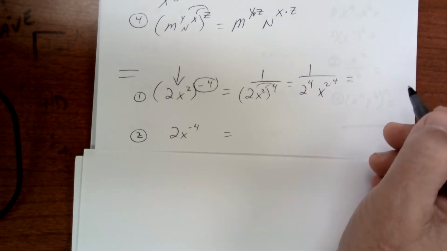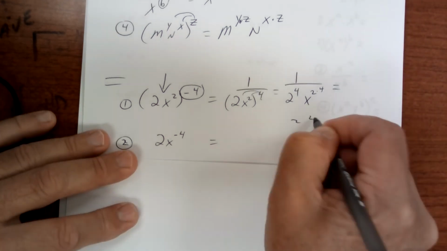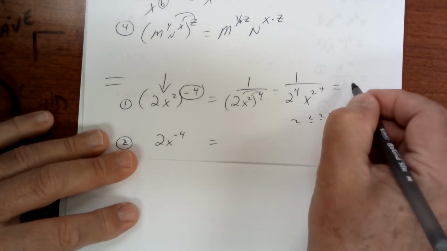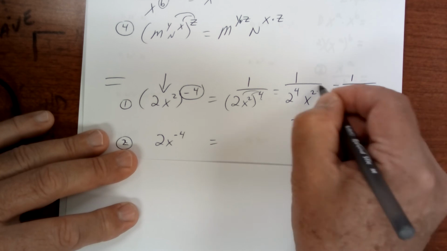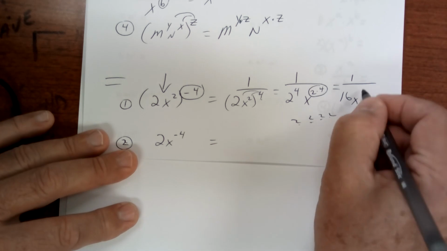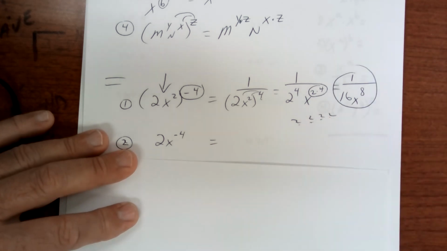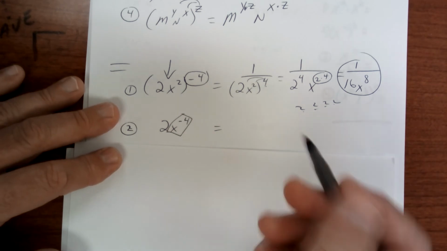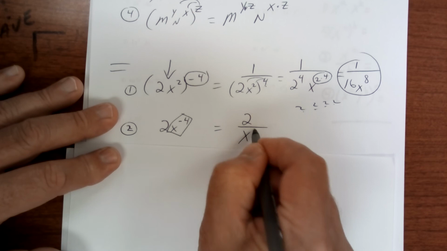Well, 2 times 2 times 2 times 2, that's 4, times 2 is 8, that's 16. So it's going to be 1 over 16. A power to a power is going to be x to the 8th power, and that's your answer. This one right here, only the x is to the negative. So the 2 stays on top. And there it is.